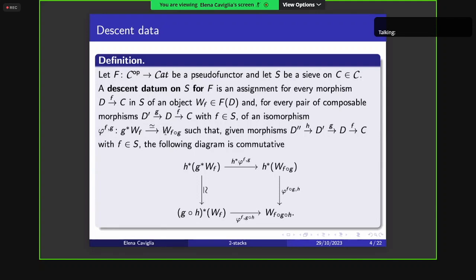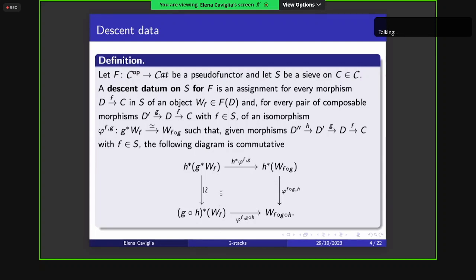Moreover, we need a condition that is called the cocycle condition that says that every time we have a chain of morphisms like this one, where the last one is in the sieve, we have a commutative diagram.